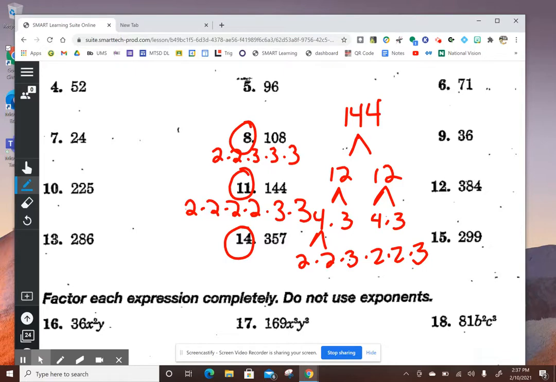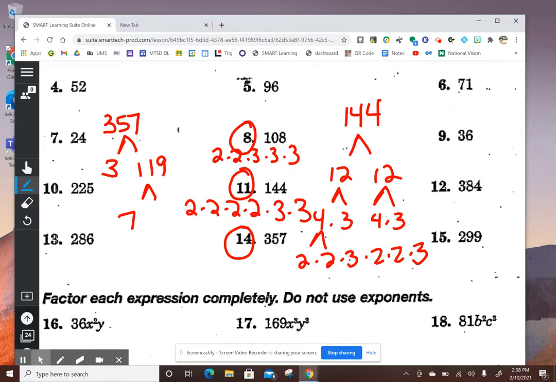Okay, and then 357. 3 plus 5 is 8 plus 7 is 15. 15 is divisible by 3, which means 3 goes in. And 3 goes into 357 119 times, and 119, 7 goes in.